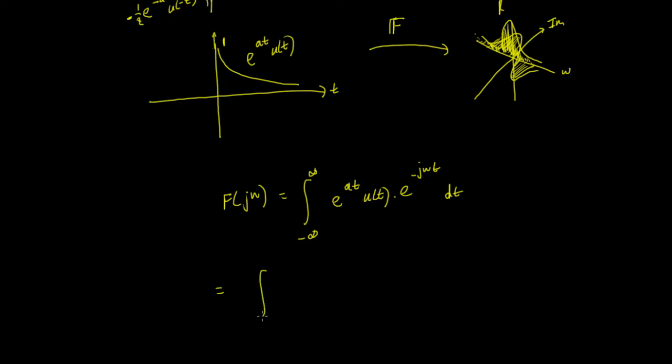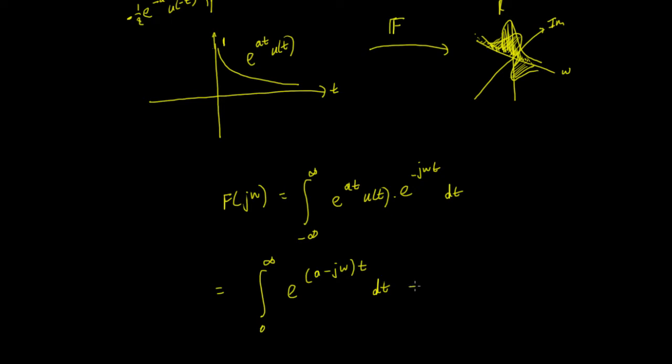The limits of integration will go from 0 to infinity of e, and we'll join these exponents together, so you have a minus j omega all times t dt.